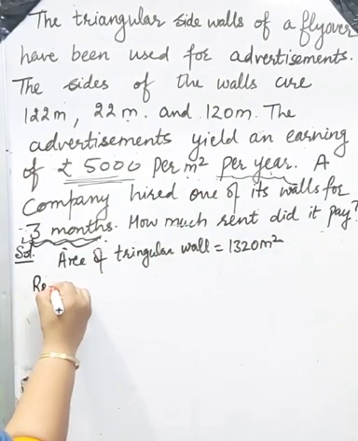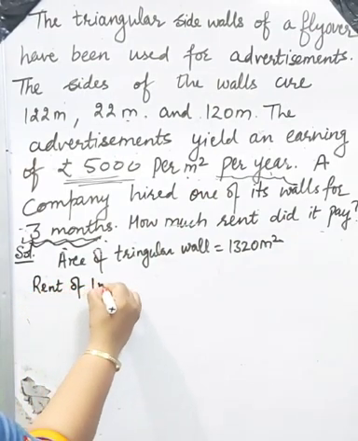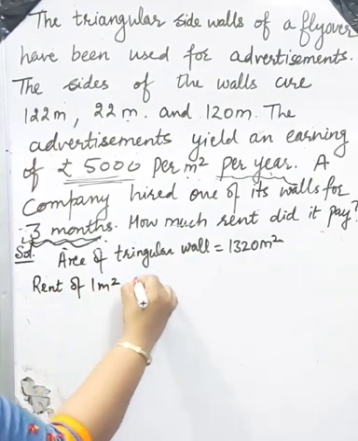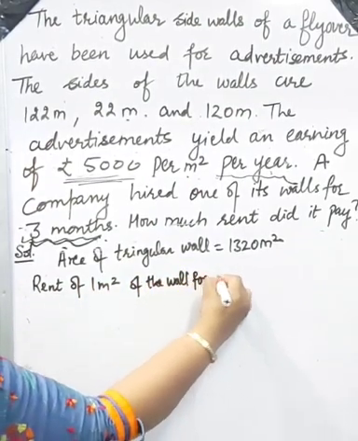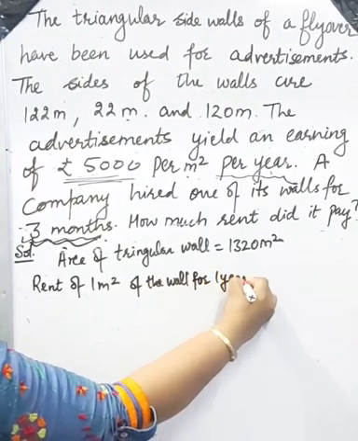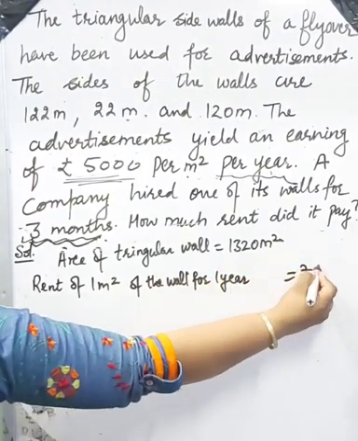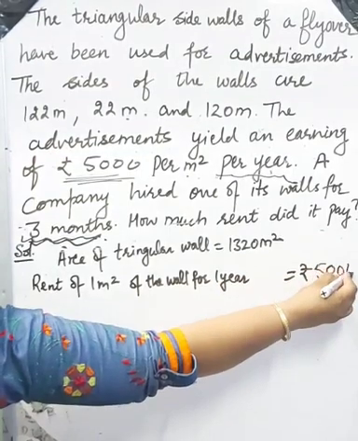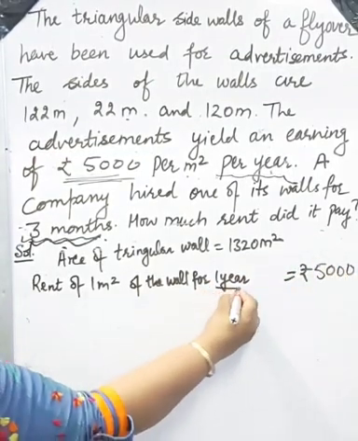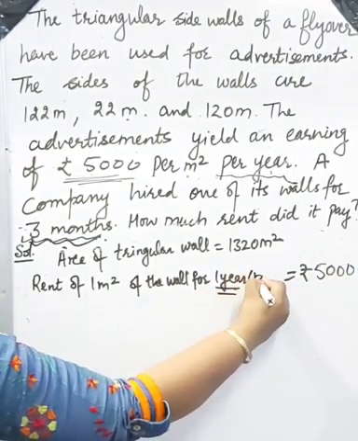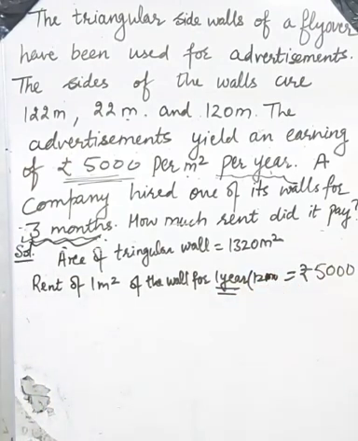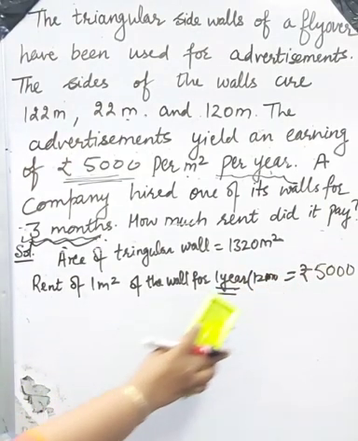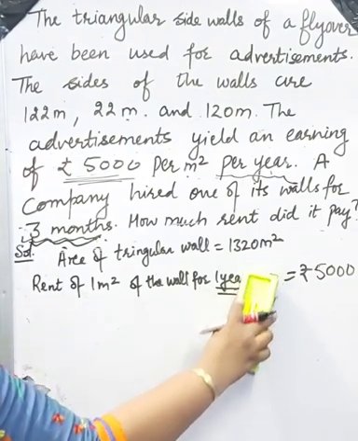Here the rent of 1 meter square of the wall for 1 year equals rupees 5,000 is given, and we know that 1 year equals 12 months.